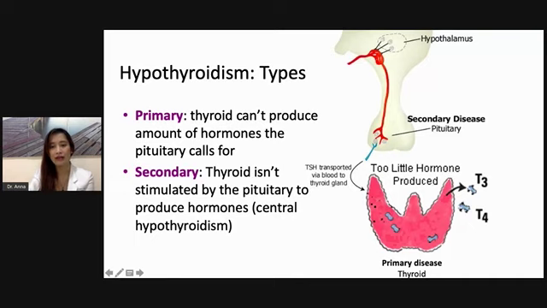But if it's secondary, the thyroid gland is not stimulated enough by your pituitary, because your pituitary is unable to secrete enough TSH to stimulate your thyroid gland to produce T3 and T4. So in secondary disease, it's your pituitary. If it's primary, it's the thyroid gland itself.